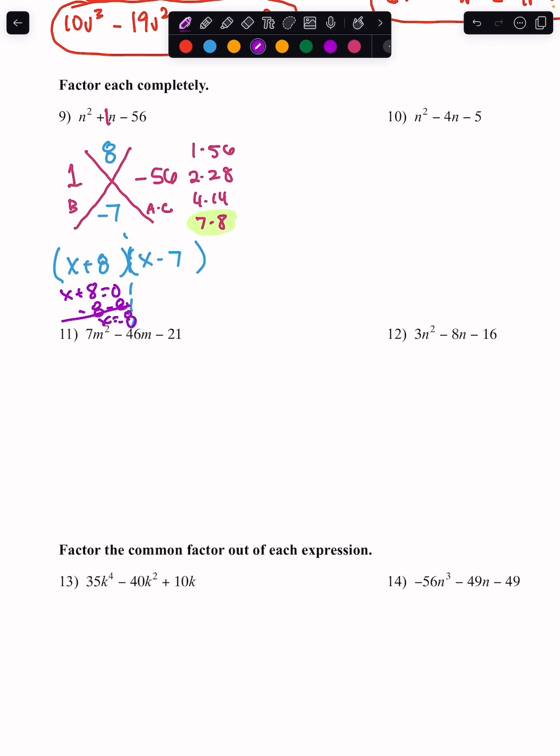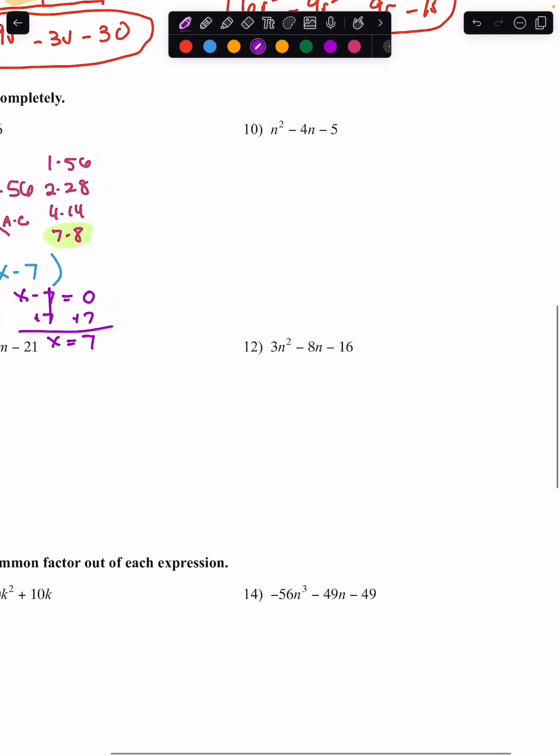And then I got x minus 7 equals 0. Add 7 to both sides. And we got x equals positive 7.